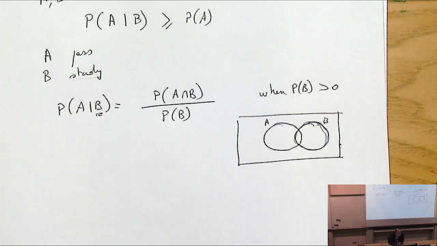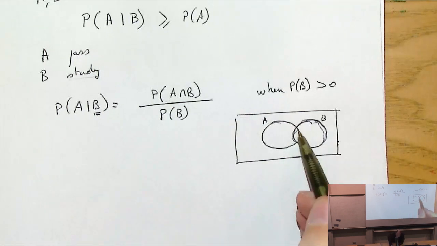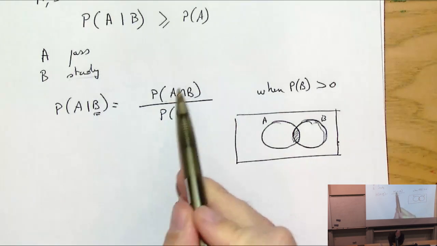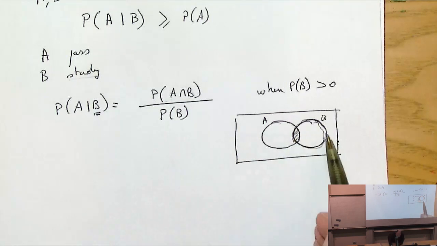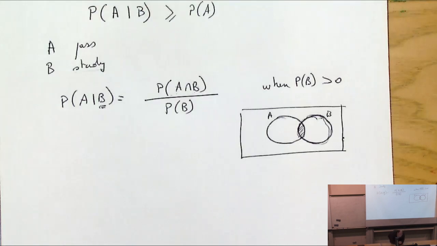So intuitively, or a very qualitative explanation, is essentially the ratio of the area of this part here, which is the probability of A intersection B, divided by the area of this part, which is the probability of having B occurring, right? That's a qualitative explanation, if you like, of this definition. Right, so this will essentially tell you what's the probability of having a certain event occurring given that another event has occurred.